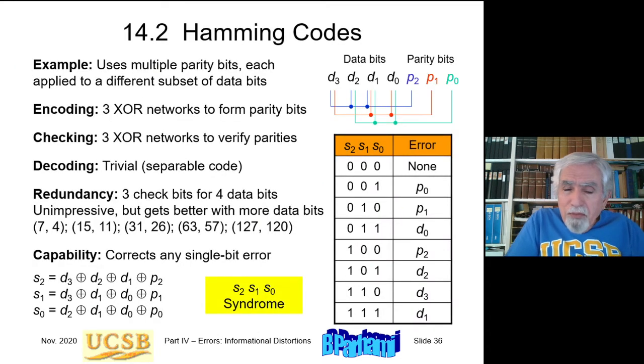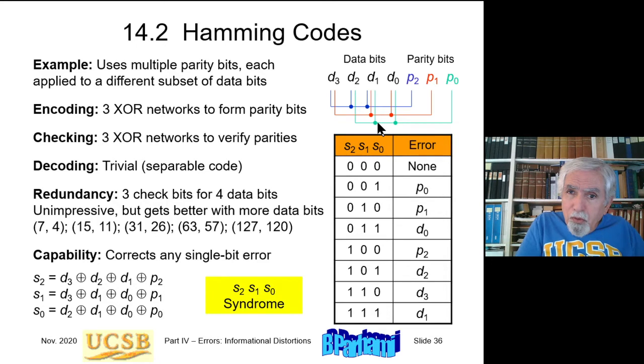Okay, perhaps the most famous error-correcting codes are Hamming codes. This is an example, the smallest Hamming code, which has 4 data bits, D3, D2, D1, D0, and 3 parity bits, P2, P1, P0. The parity bits are defined over a subset of the data bits. Parity bit 0 is based on D0, D1, and D2.